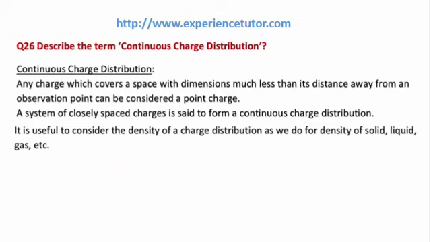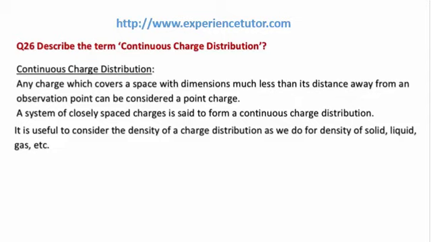Question 26. Describe the term continuous charge distribution. Any charge which covers a space with dimension much less than its distance away from an observation point can be considered a point charge.